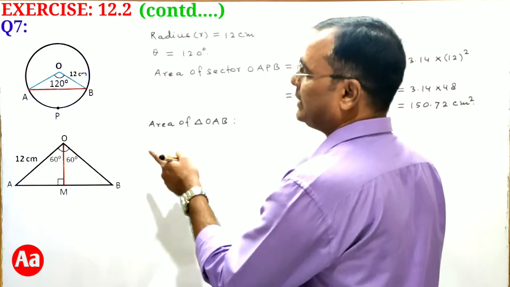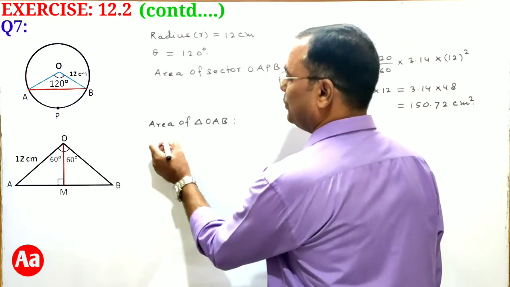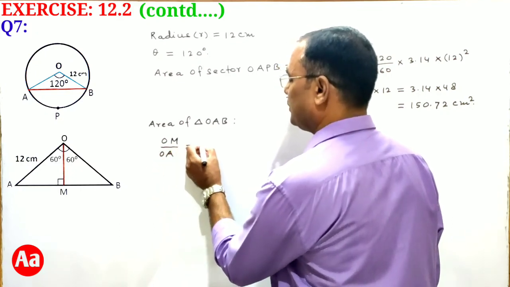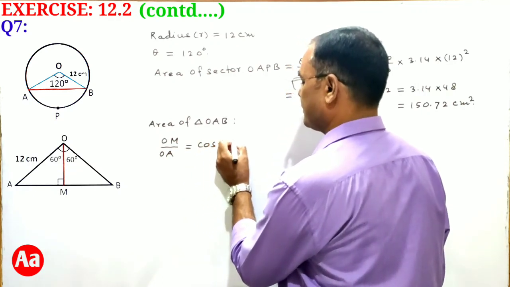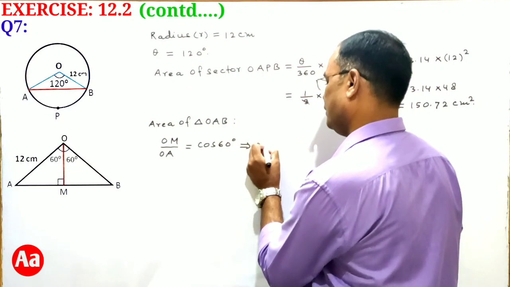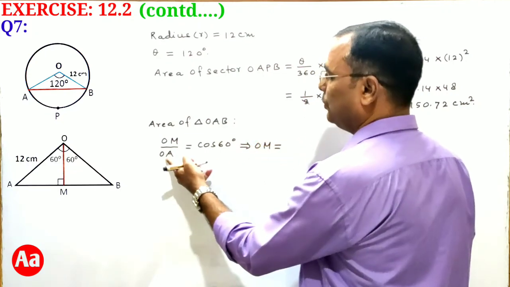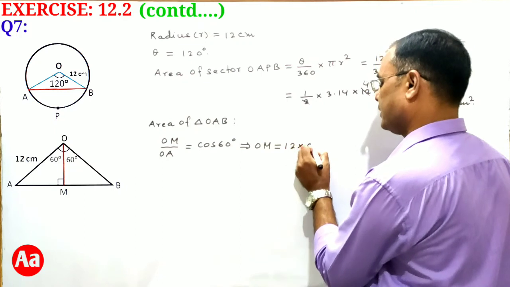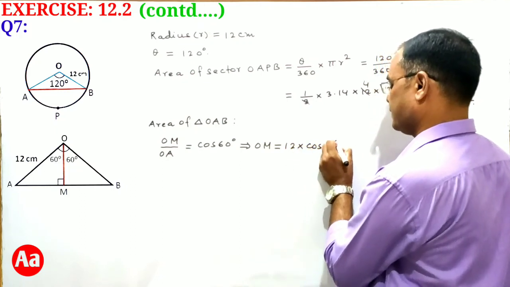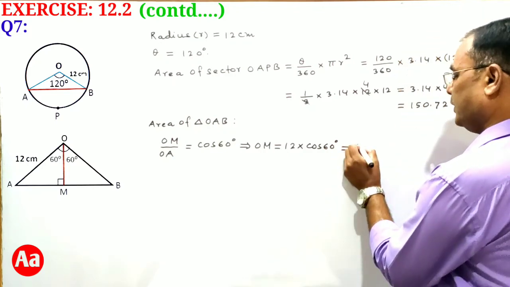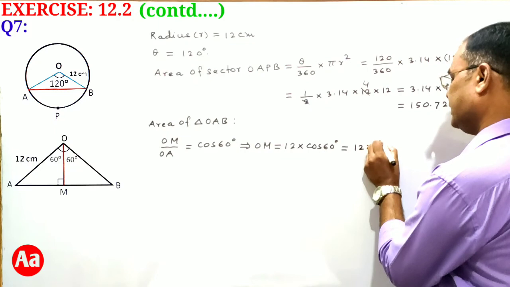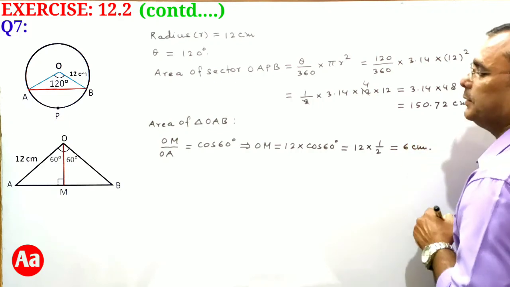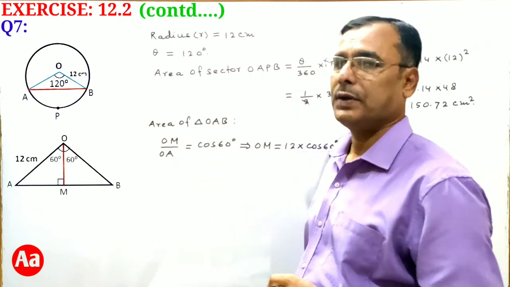OM is the base, OA is the hypotenuse, so OM by OA is equal to cos 60 degrees, and this implies OM is equal to OA into cos 60 degrees, means it is 12 into cos 60 degrees, and this is equal to 12 into cos 60 degrees value 1 by 2, so 12 into 1 by 2 is 6 centimeter, and this is the height of triangle OAB.